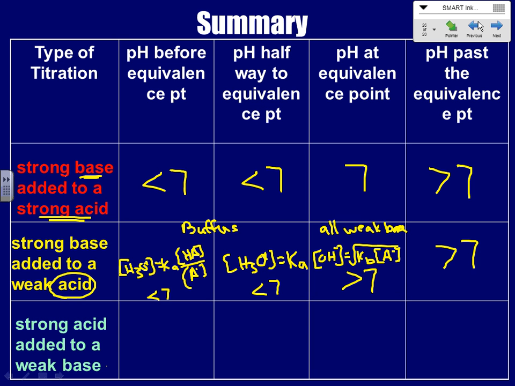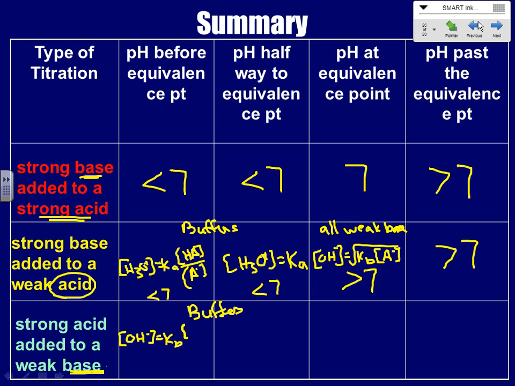Okay? And finally, we looked at strong acid added to a weak base. Again, we've got buffers. Anywhere before the equivalence point, except right at the beginning, where it's all weak base, we have buffers, and these are the base buffers.